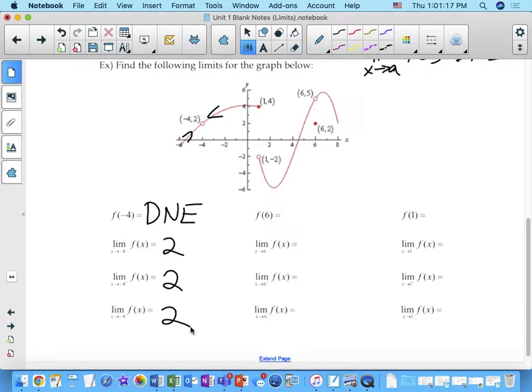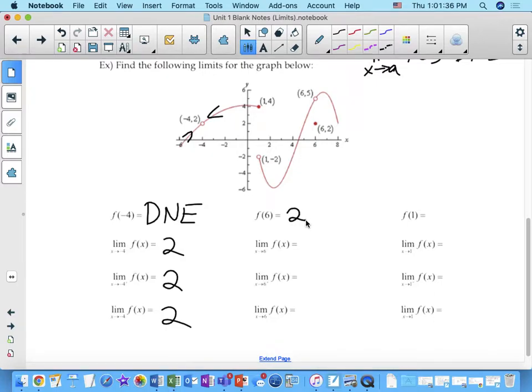Okay, let's look at this one. What is f of 6? Yeah, it's 2, because there is a point 6, 2. So f of 6 is 2.